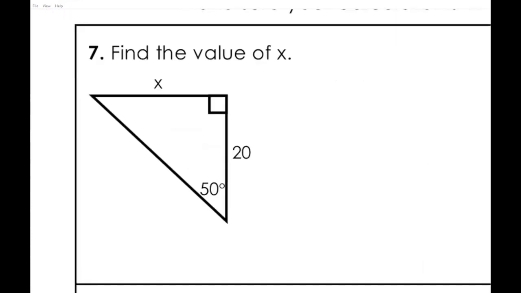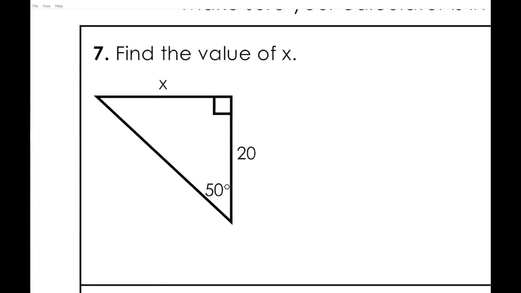So looking at number 7, we can't use the Pythagorean theorem because we only know one side. We can't use our special right triangles because there's no such thing as a 40, 50, 90 special right triangle. That is where trig comes into play. So we're going to look at our given angle and identify what sides we have.